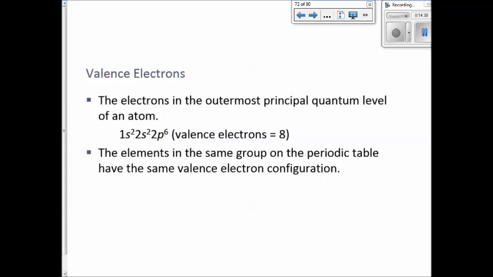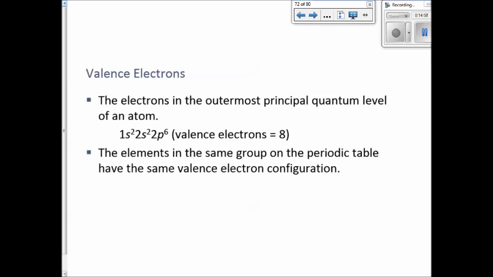Now let's talk about valence electrons. How do we do valence electrons? We count the highest row of what? The highest outer energy level, but specifically in that outer energy level, which ones are we going to be looking at?